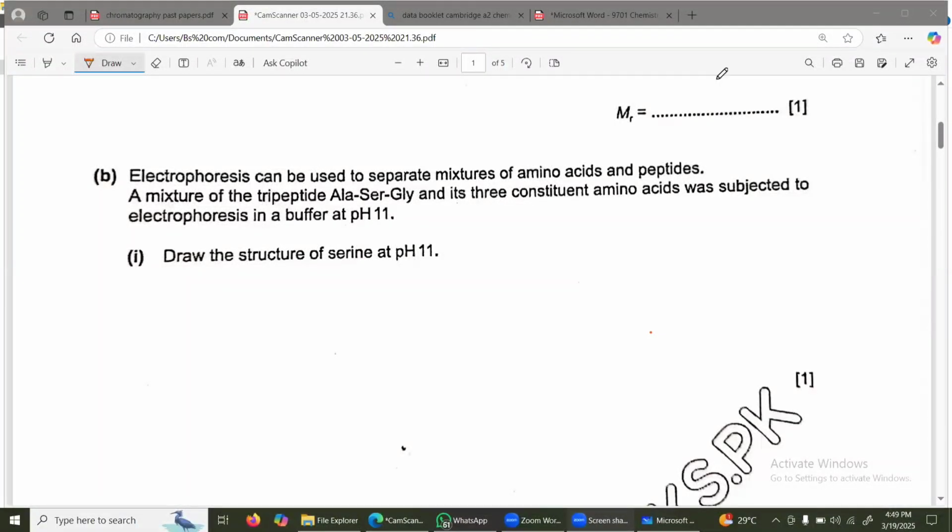Okay, so the next one is electrophoresis can be used to separate mixtures of amino acids and peptides. So a mixture of tripeptide alanine, serine, glycine, and its three constituent amino acids was subjected to electrophoresis in a buffer at pH 11. So you have to draw the structure of serine at pH 11, obviously. So it's a basic pH.